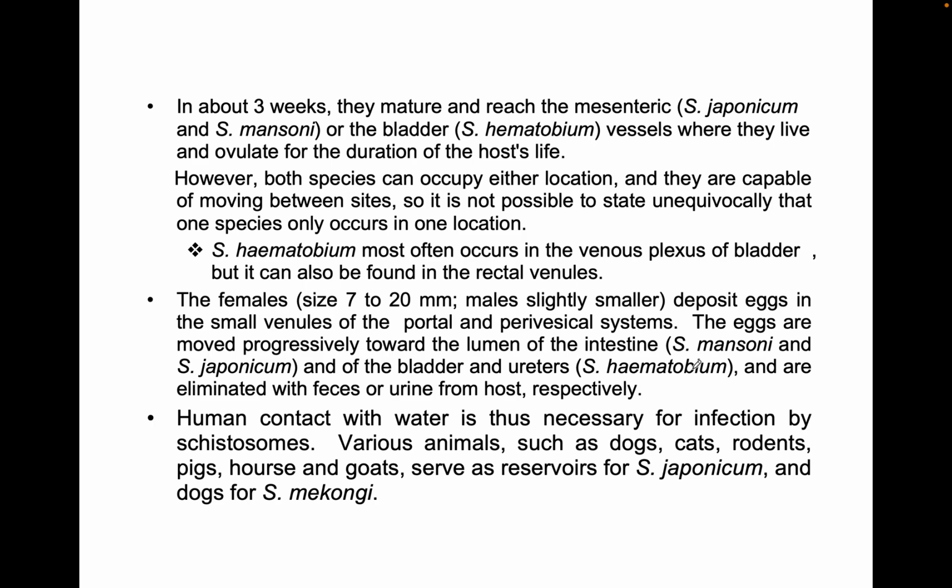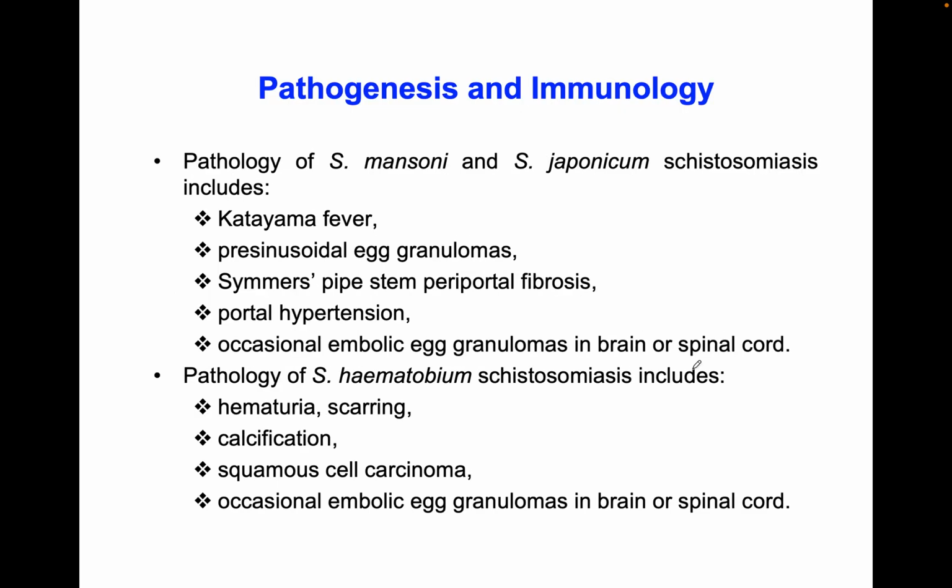Human contact with water is thus necessary for infection by schistosomes. Various animals such as dogs, cats, rodents, pigs, horses, and goats serve as a reservoir for Japonicum, and dogs for Mekongi, which is another species.